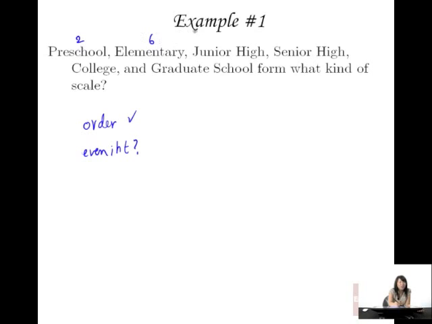So even there alone, we could see, oh, they actually take different intervals. Junior high might be 2 to 3 years, high school is probably 4 years, college 4 years-ish, graduate school, that could be anywhere from 2 to 10 years, right? So this definitely doesn't seem like they have even intervals.